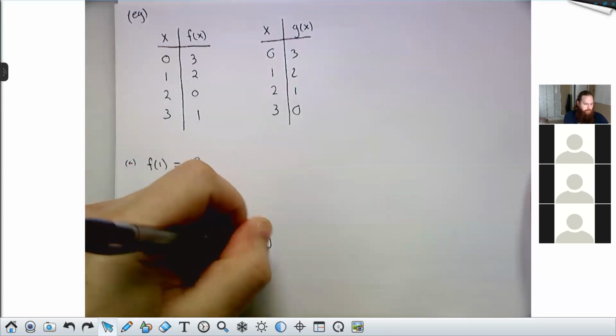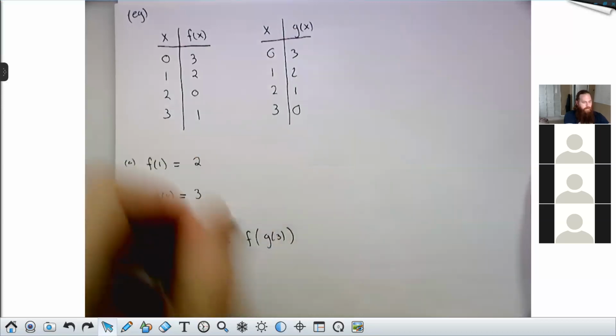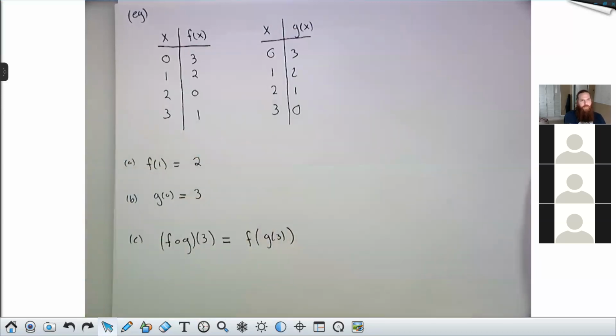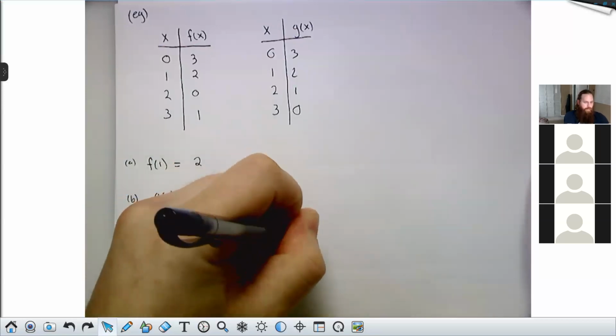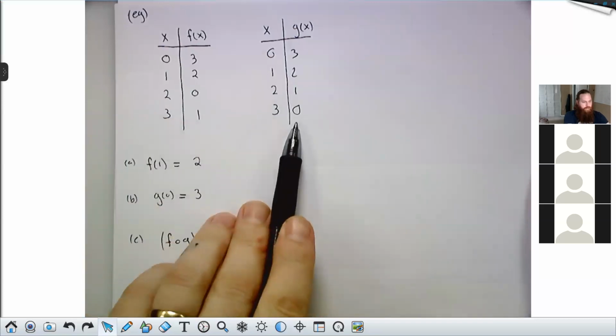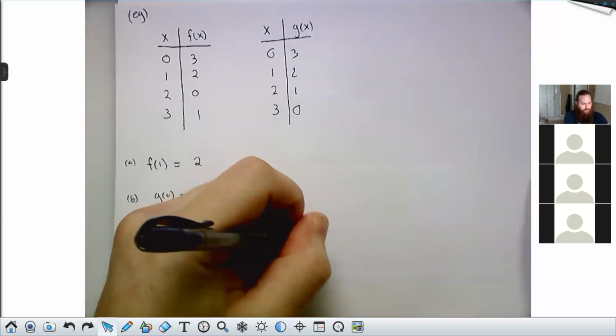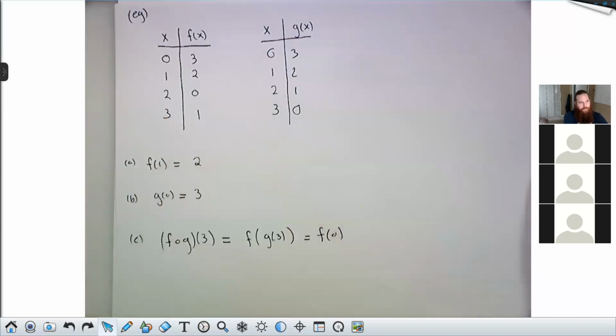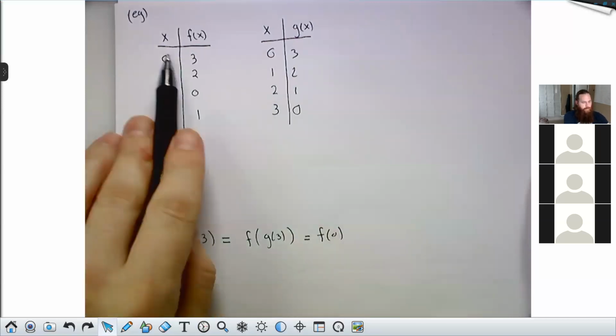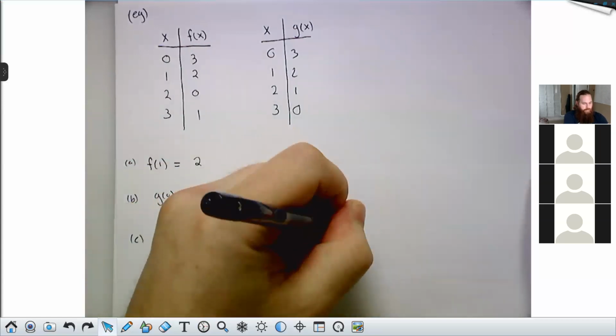That's f of g of 3. And then we work our way from the inside out. g of 3 is 0. So whatever this is, it's f of 0. And then f of 0 is 3. So yeah, this is 3.